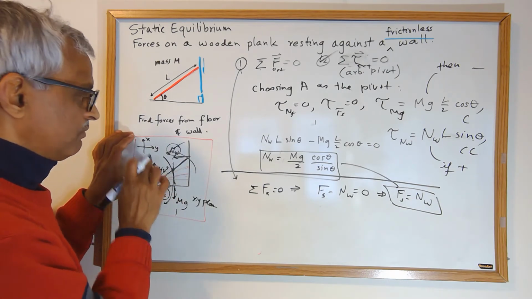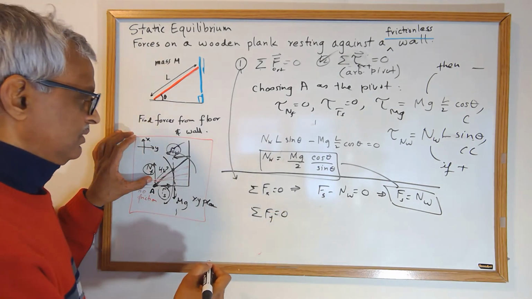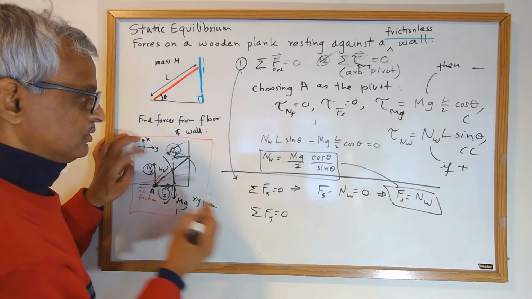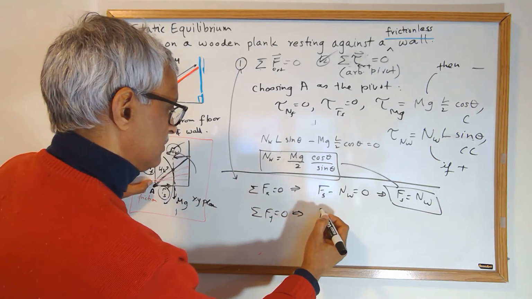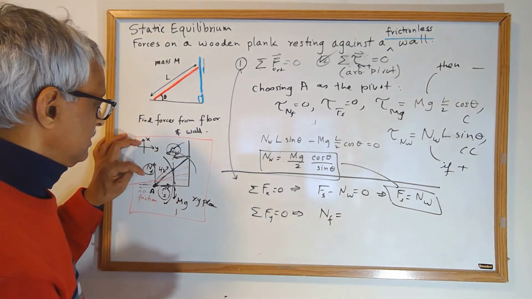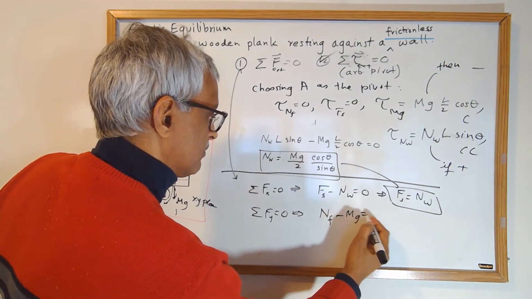Now how about the vertical component? Sum of Fy equal to 0. Well, the only vertical forces are this and the weight, so they're going to have to balance. So Nf minus mg equal to 0.